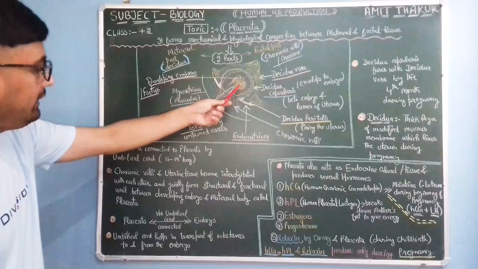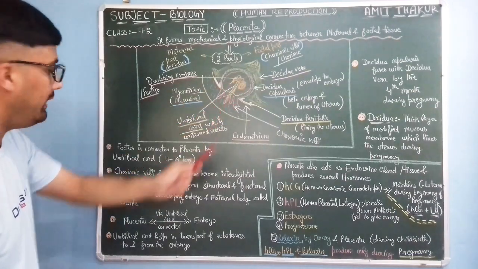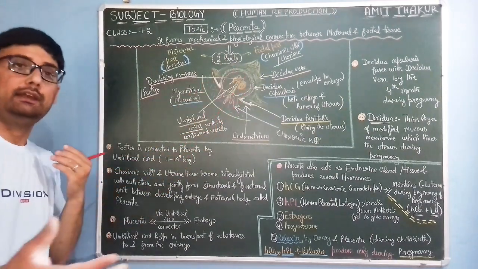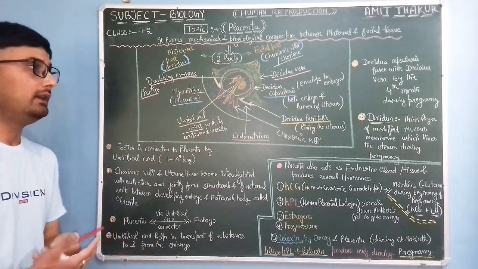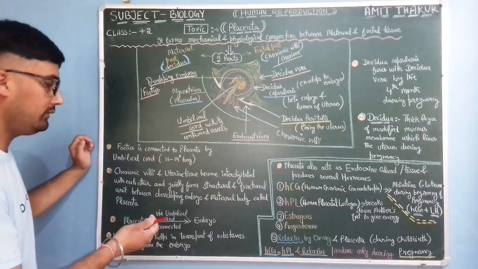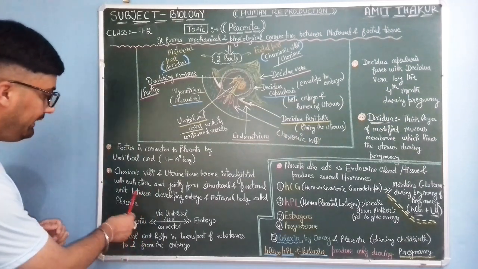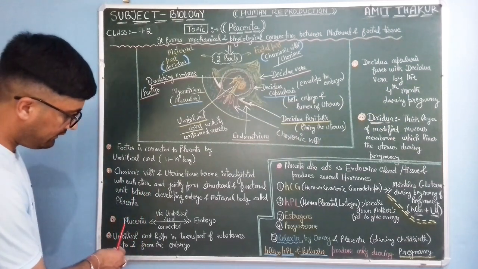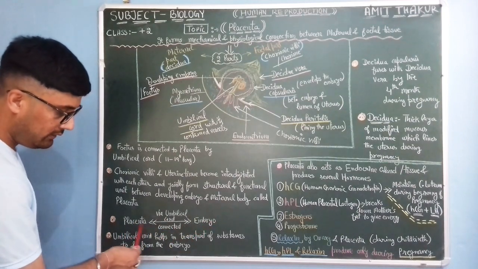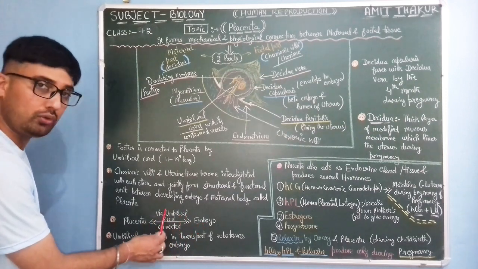known as placenta. Means this chorionic villi, the fetal part, and uterine tissue, the maternal part, join to form a structural and functional unit known as placenta. This placenta is connected to the embryo via the umbilical cord.